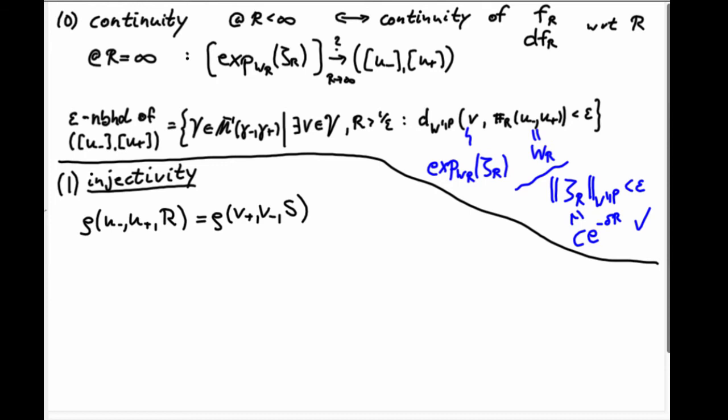And one thing I'm allowed to do to achieve injectivity is to take my gluing parameters very large. So I'm going to, by contradiction, assume that I actually have sequences going to infinity, so that for different gluing parameters I get the same thing.